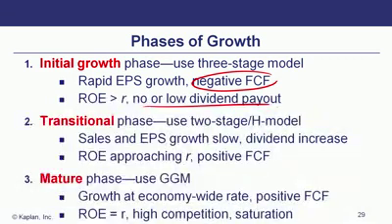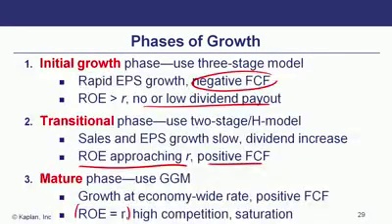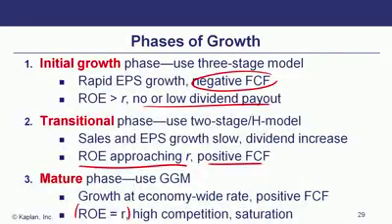Sales and EPS are growing, dividends start to increase, ROE settles down towards the required return, free cash flows turn positive. And then when we get to the mature phase, as we've already said, the Gordon growth model will be appropriate. We're growing at the economy-wide rate, we've got positive cash flows, and ROE, the return on equity, is equal to what's required. Typified by high competition and saturation of the market.